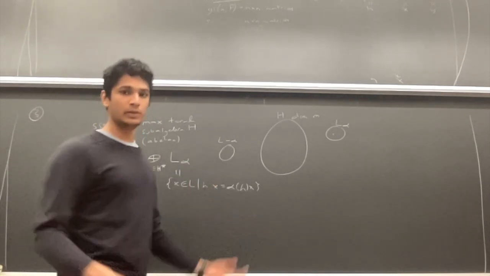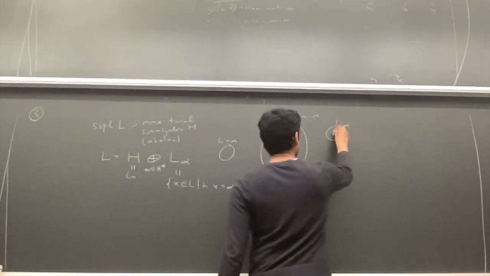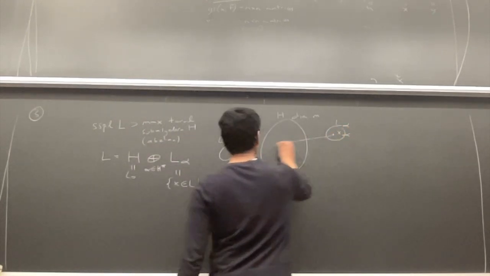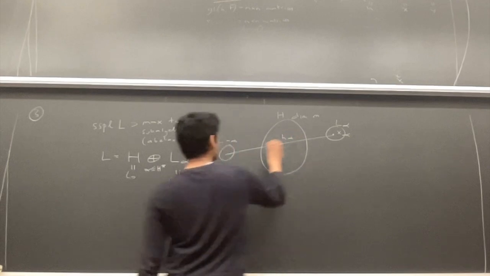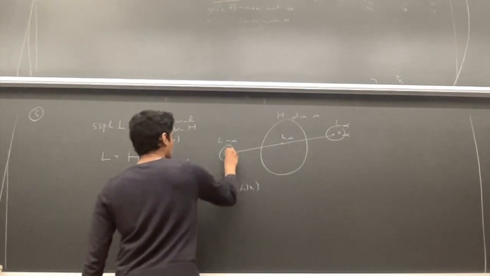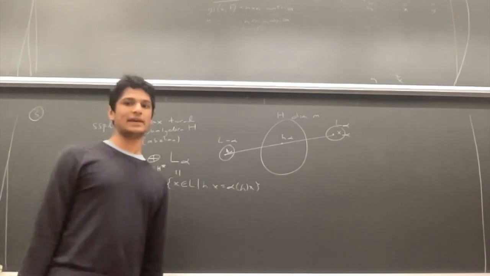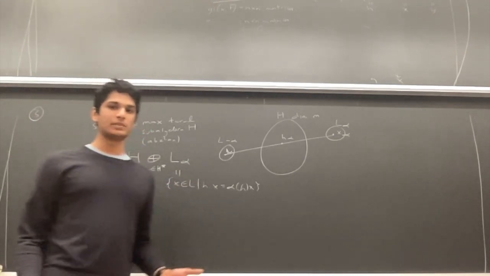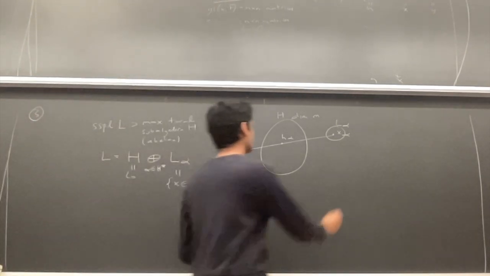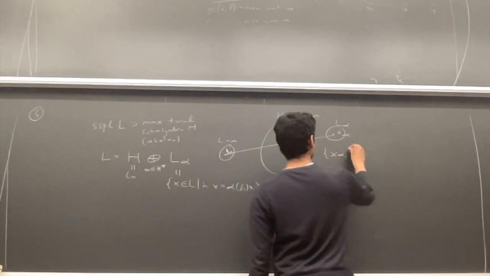So it can be shown that there is some X alpha in L alpha, some H alpha in H, and some Y alpha in L minus alpha, such that these three elements form a basis, a copy of SL2F. That's very important, so let me write that down.